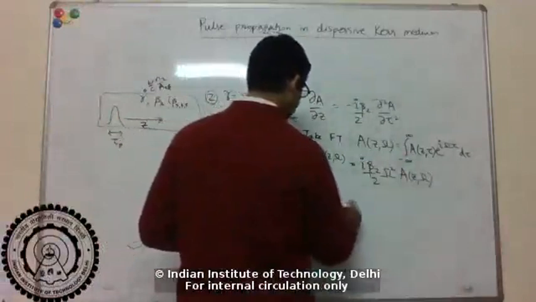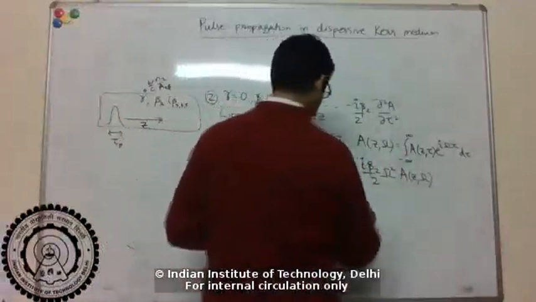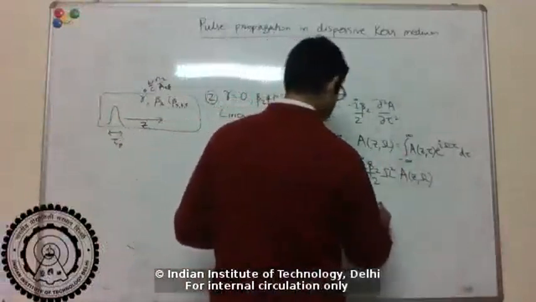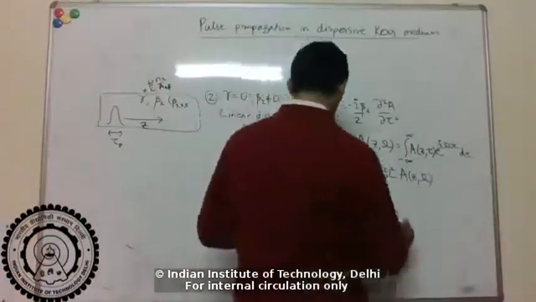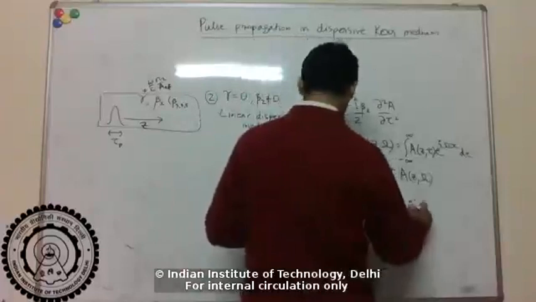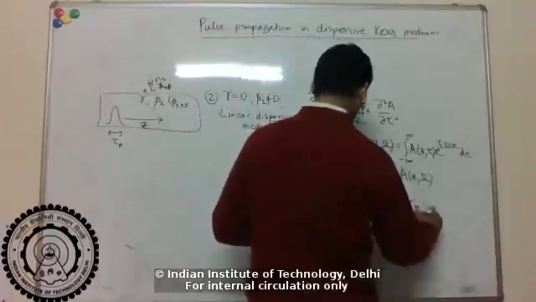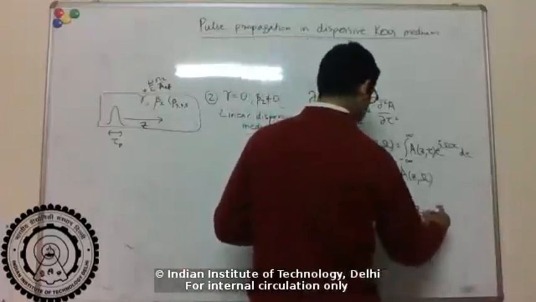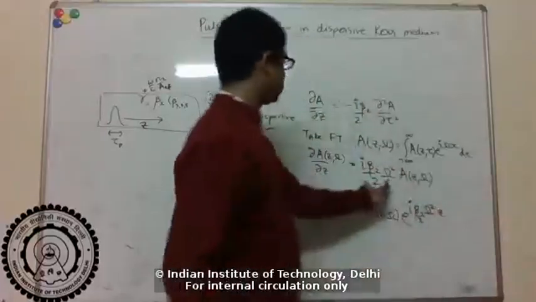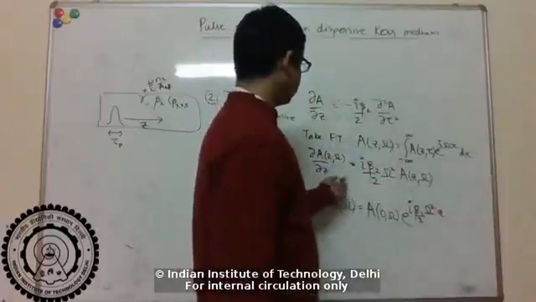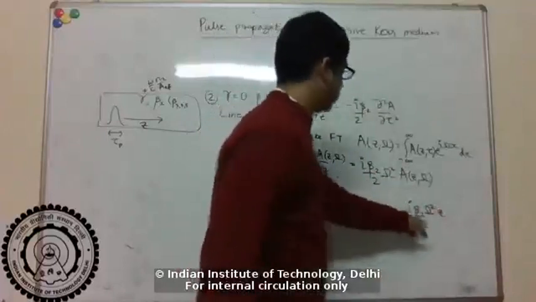Right, so the solution is that A at z is the input A at 0 times e to the this term, right?